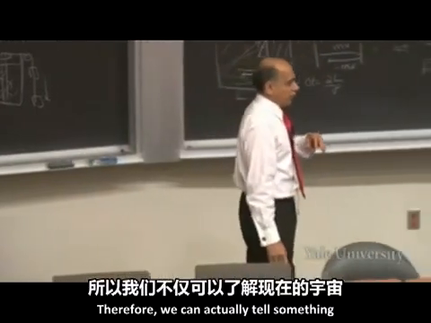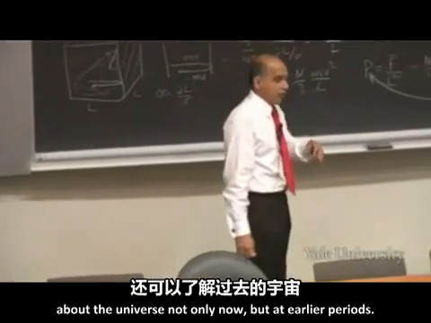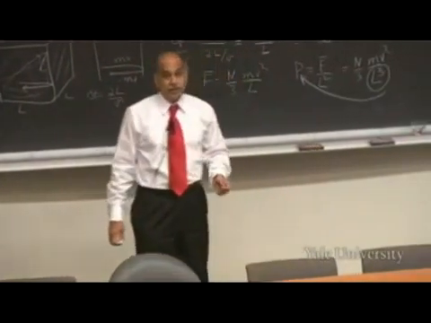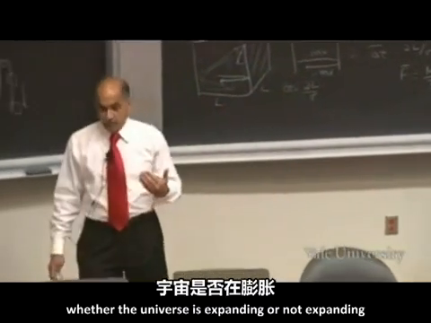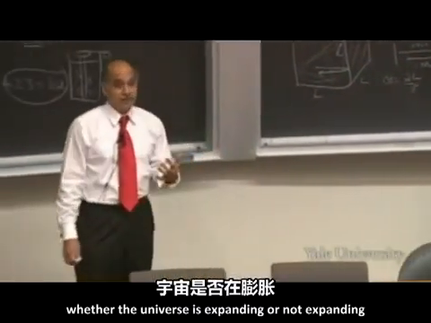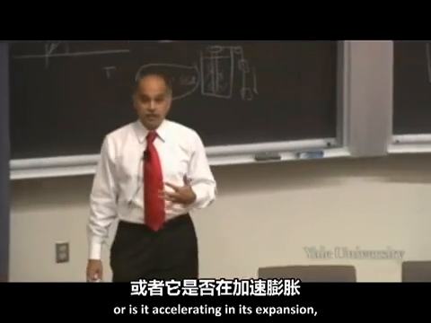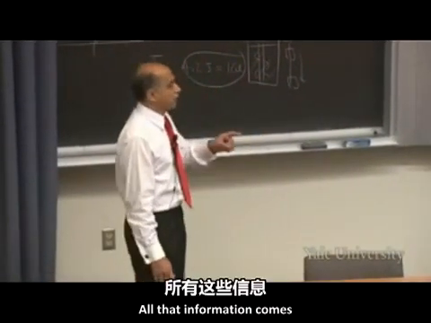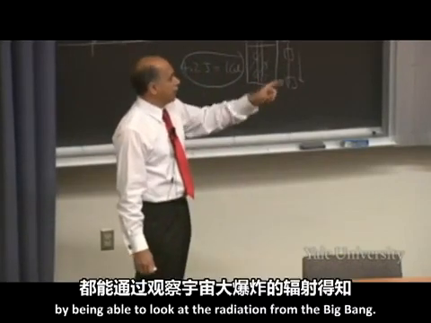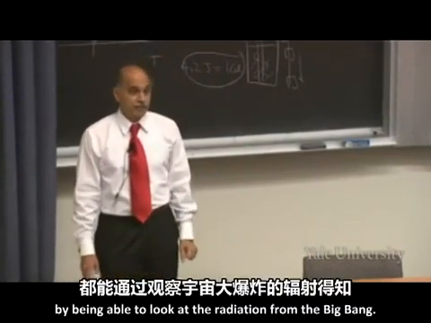Therefore, we can actually tell something about the universe not only now, but at earlier periods. And that's the way in which we can actually tell whether the universe is expanding or not expanding, or is it accelerating in its expansion, or you can even say once it was decelerating and now it's accelerating. All that information comes by being able to look at the radiation from the Big Bang.